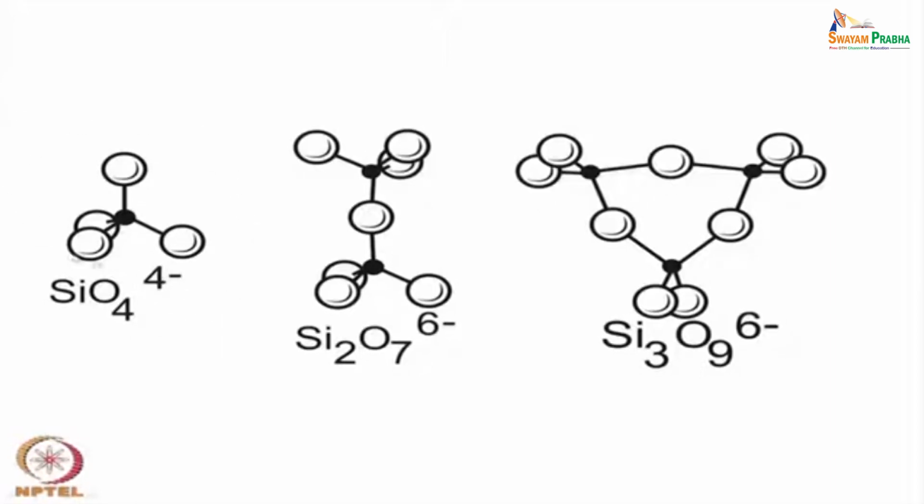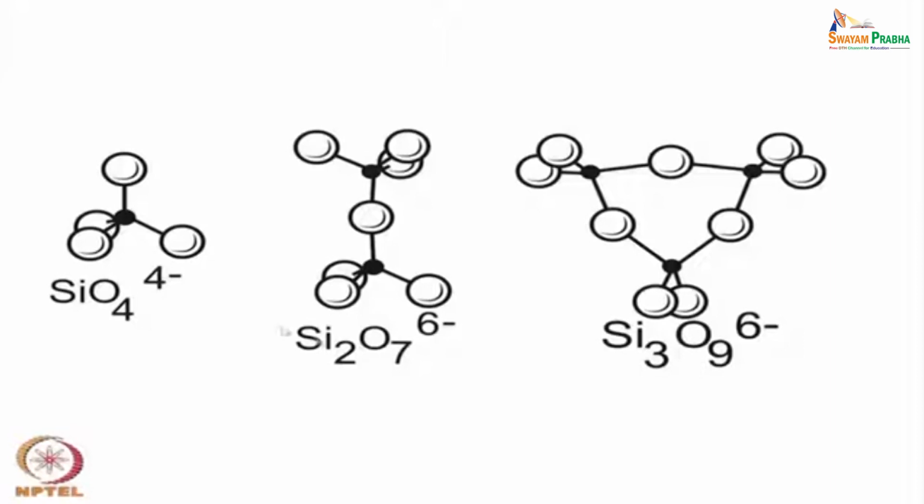So, every silicon oxygen tetrahedron has a 4 minus negative charge, a complex ion. This negative charge has to be satisfied by combining with other groups, and that way it can have many complex structures.